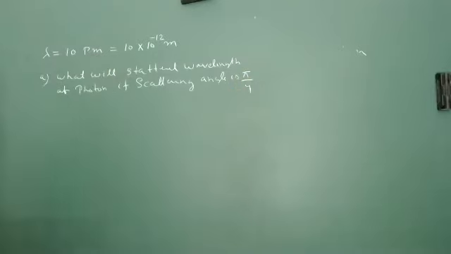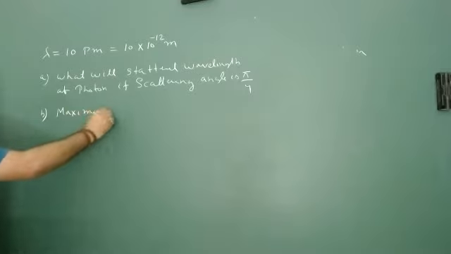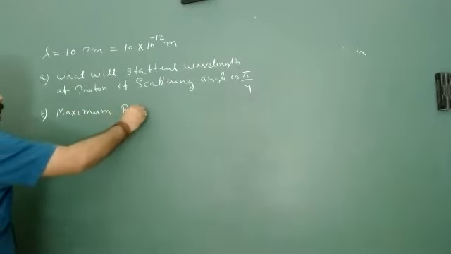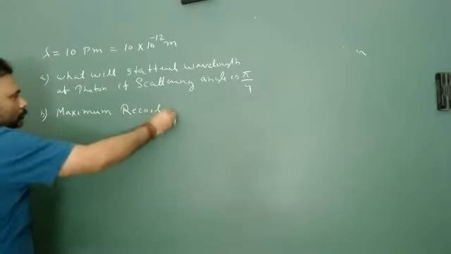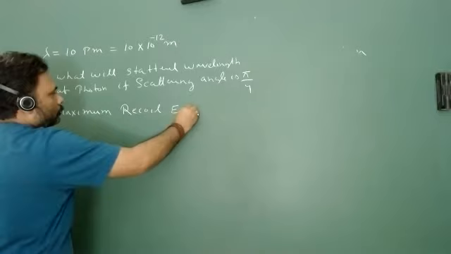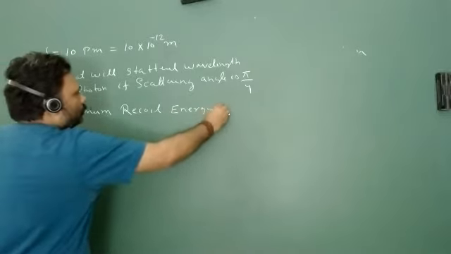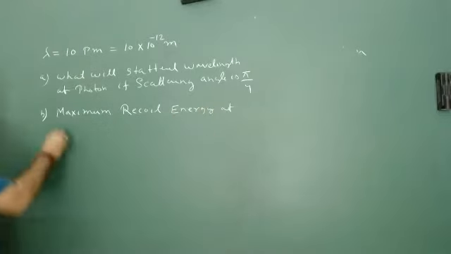Scattering angle is pi by 4. Second, we have to calculate the maximum recoil energy of the electron. So these two things we have to calculate.